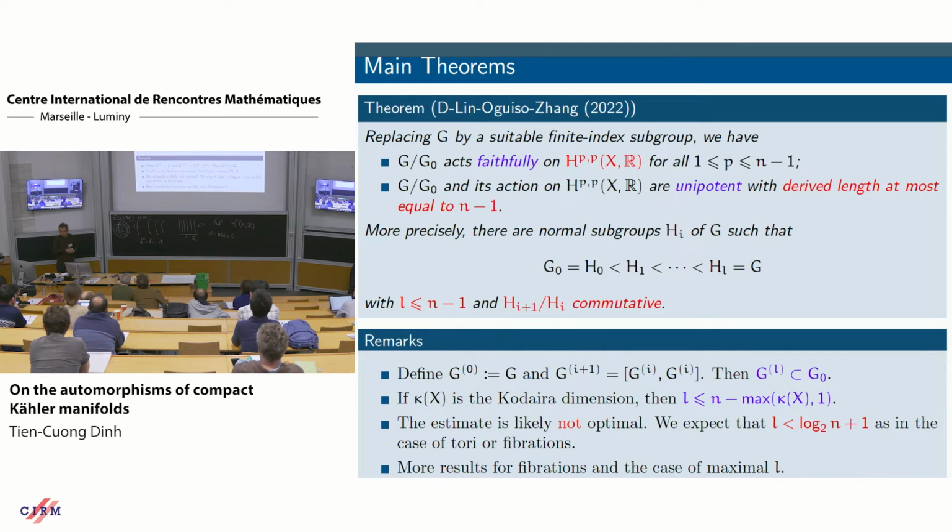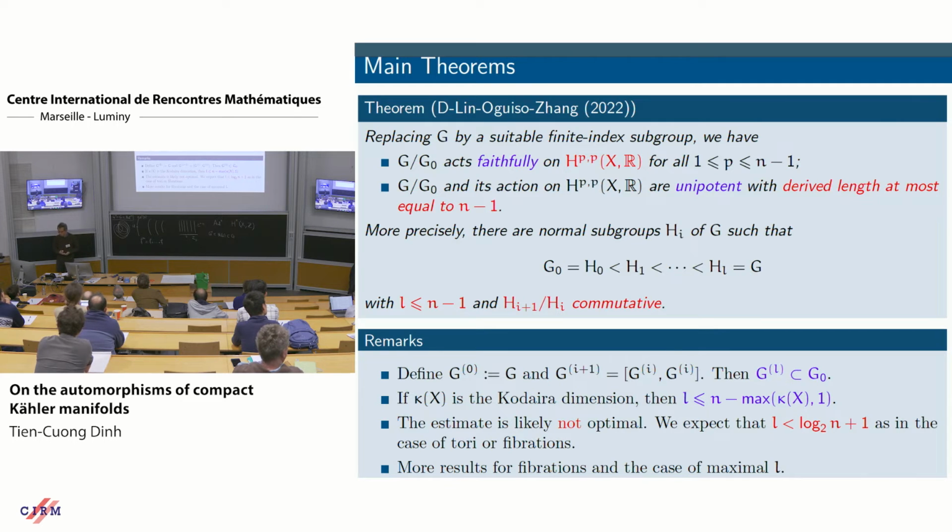And the quotient between H_{i+1} and H_i is abelian. Which means that in general G is not abelian, but you can build G using G0 and fewer than n abelian groups. You can build it step by step and get G in this way.